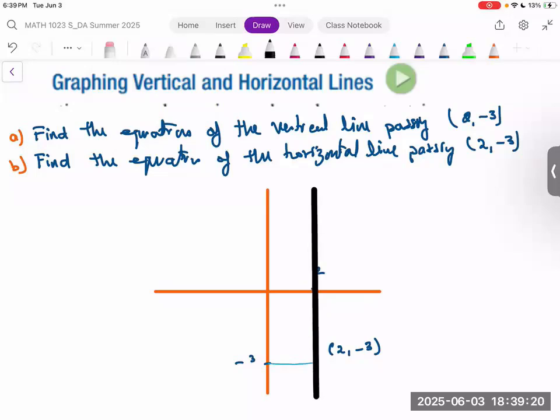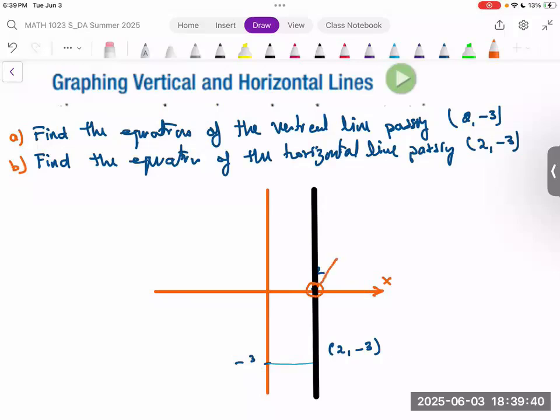Very good, so this is the vertical line. Now, what axis does this vertical line intersect? Obviously the x-axis. Where? In that point.